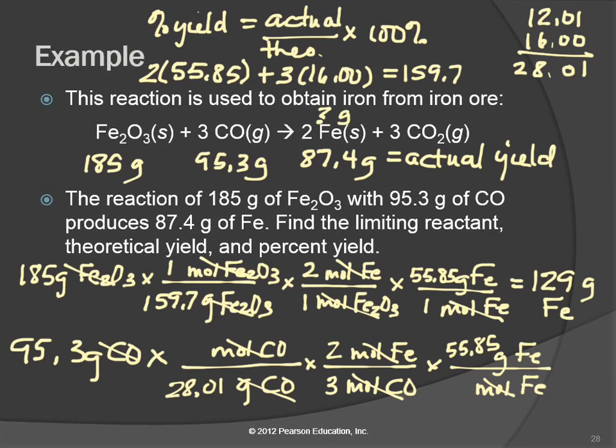We take 95.3 divided by 28.01 times 2 divided by 3 times 55.85 equals. And this is also going to be 3 sig figs. This comes out to 127 grams of iron.